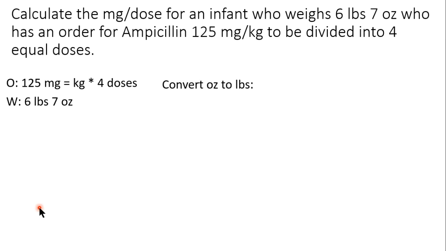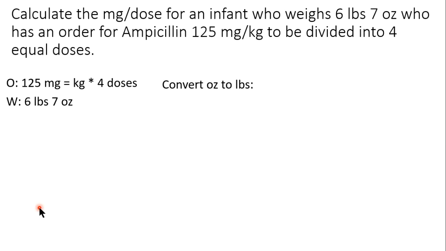So first of all, we have to have the weight as one single number. Here we have it in terms of pounds and ounces. So what we're going to do first is convert those ounces to pounds so that we have it together as a single number.